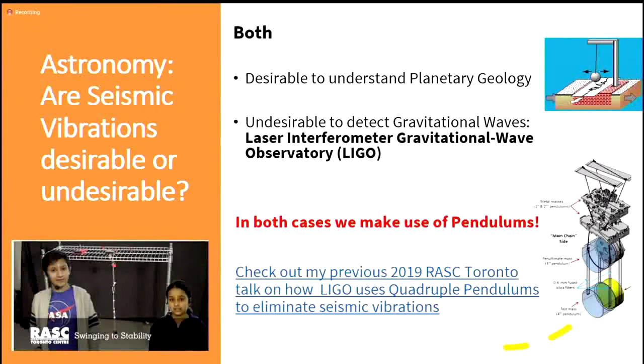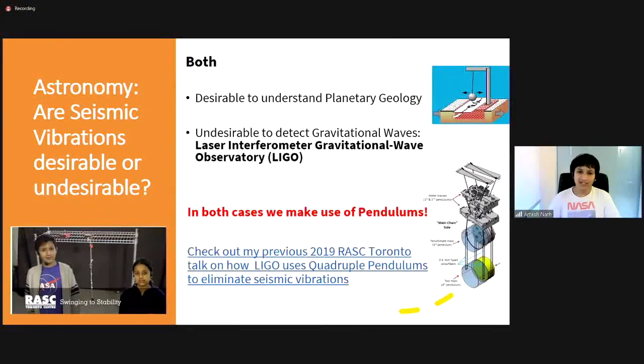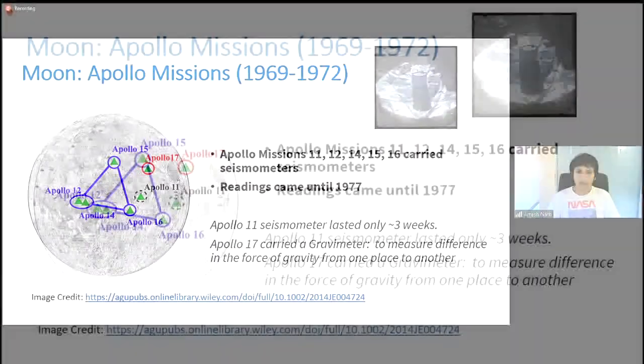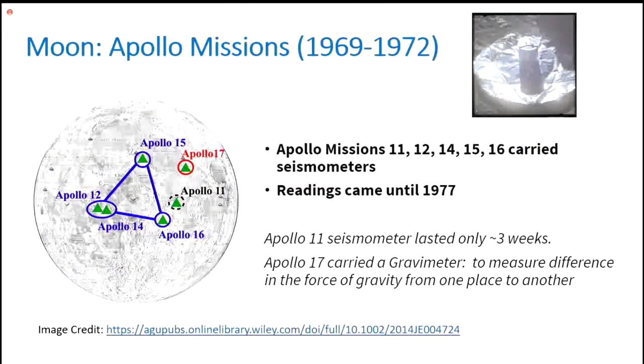And there's something very ironic about it, because you use a pendulum both to measure seismic vibrations, as I described in the earlier slide, but you also use pendulums to isolate seismic vibrations. So this is something pretty funny. All right, so let's move from the Earth to the Moon.